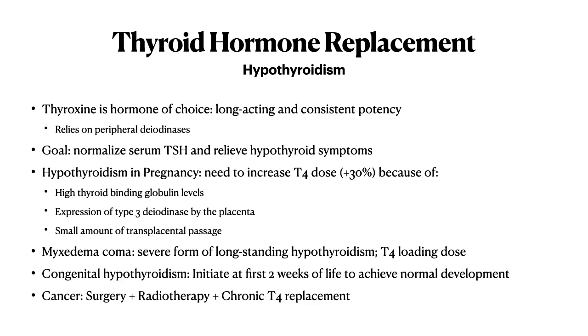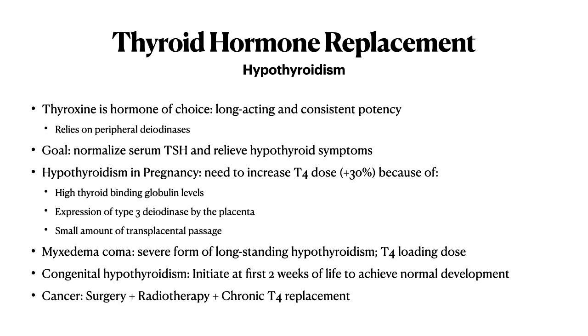And so to provide thyroid hormone to the fetus who has underdeveloped thyroid gland, you need to increase the dose of T4. And to add to that, T4 that is in the blood of the mother has a difficult time reaching the blood of the fetus. There is a poor transplacental passage.